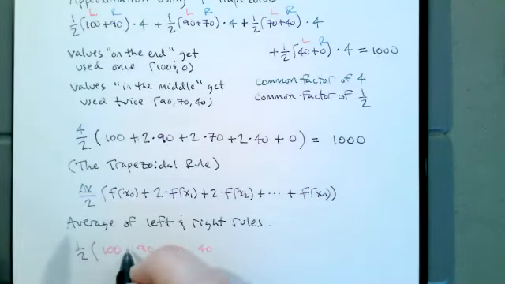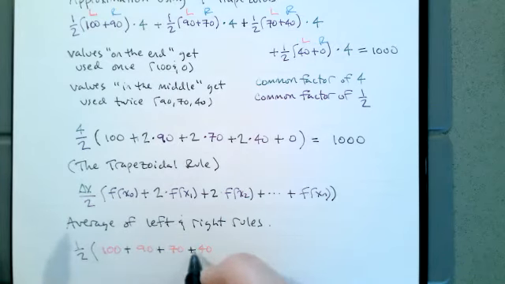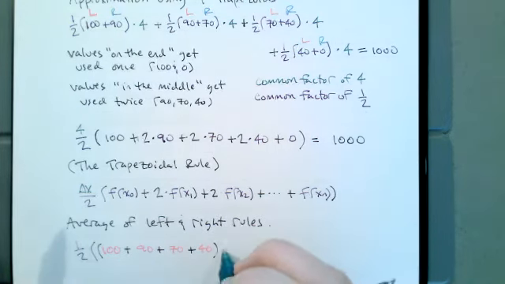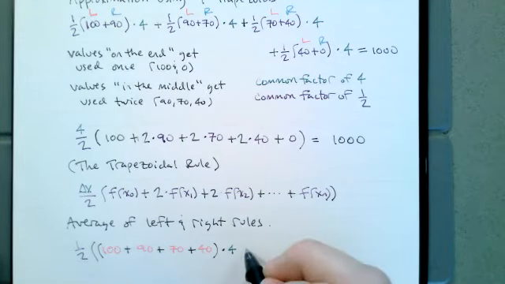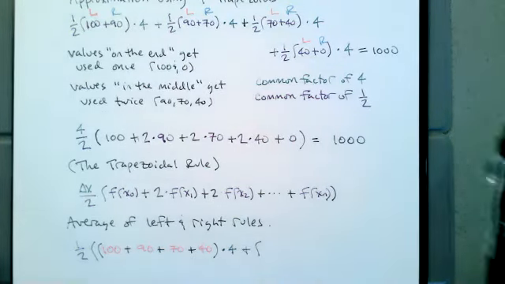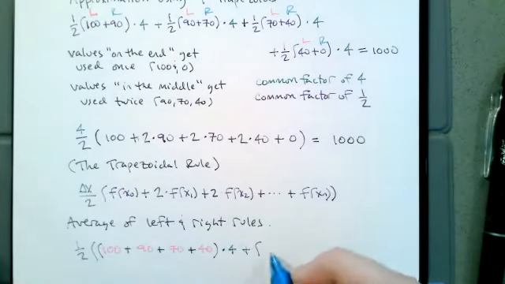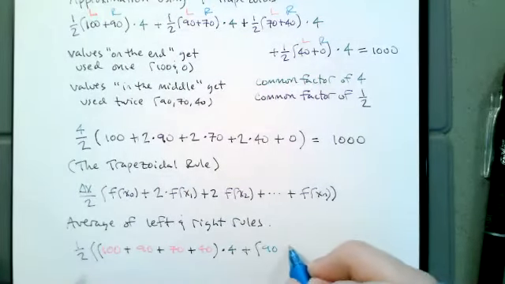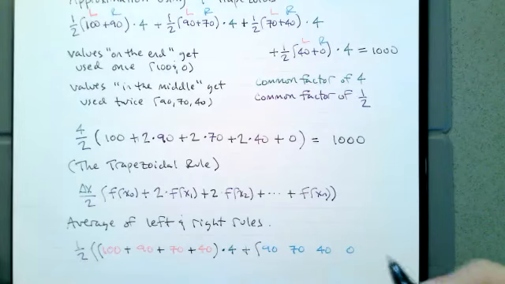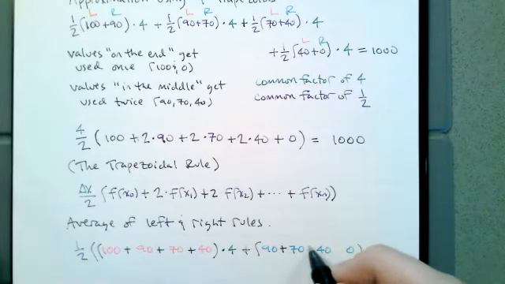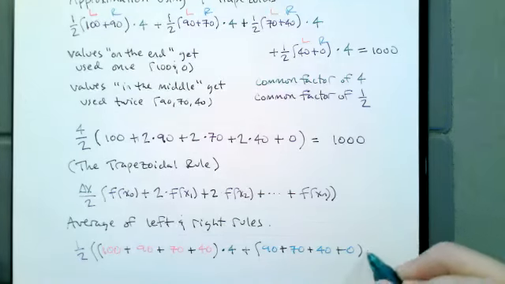And those all get multiplied by 4. So this whole thing is my left approximation. Then I also have one for the right approximation that I'm going to add up. So on the right, we had a 90, a 70, a 40, and a 0. All these got added up and multiplied by 4.